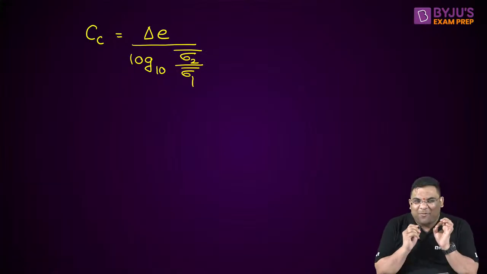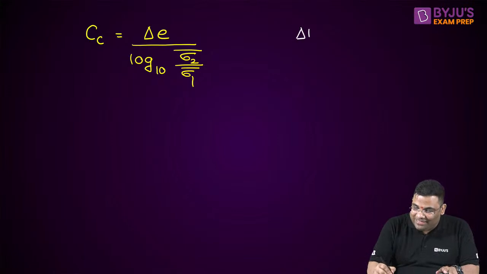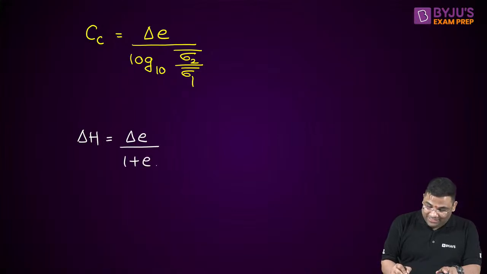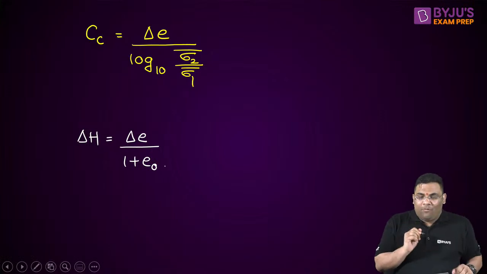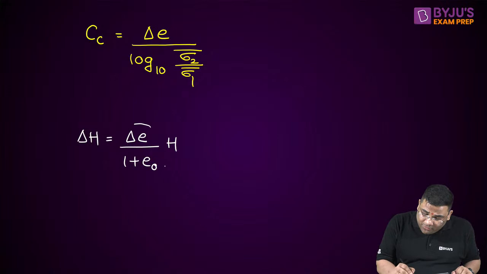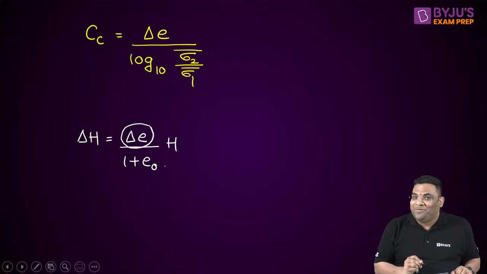Right? Now we'll do some clever thing. So delta H is equal to delta e by 1 plus e naught, into H, obviously. What was the problem? The problem was we are not able to find out this delta e. What we will do?